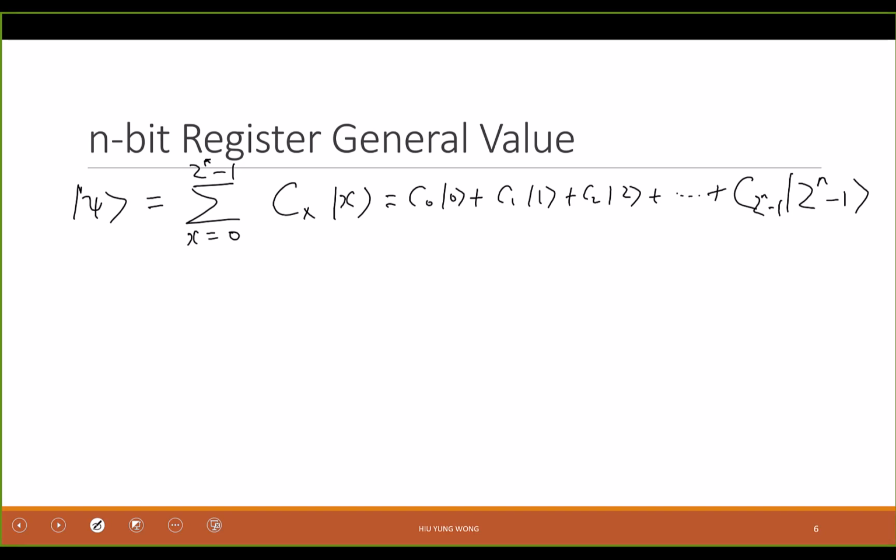And what is the condition for this one to be used in quantum mechanics or in quantum computing? Very good. It has to be normalized. How do you write it in an equation? What does it mean to be normalized? The sum of the squares of the magnitudes of the coefficients needs to be 1.